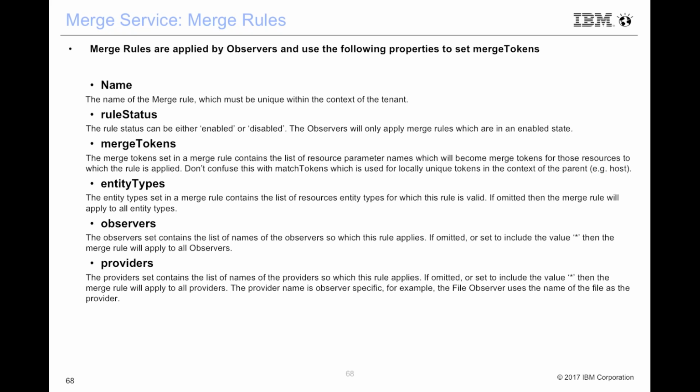You can apply a merge rule to just a specific subset of observers, and there's also a concept of a provider, which confuses some people a little bit. But in essence, the file observer can read multiple files, and in that case, we would say that the provider of that data to the file observer was the name of the file. So you can scope down to that level of granularity.